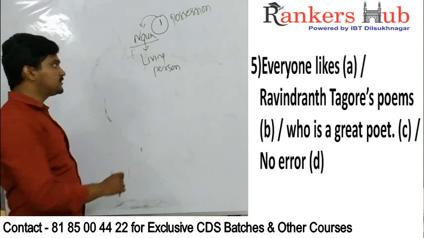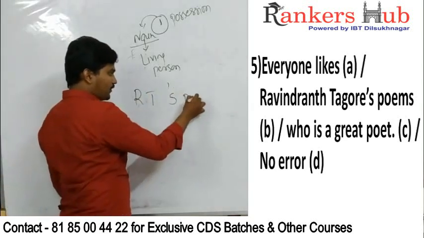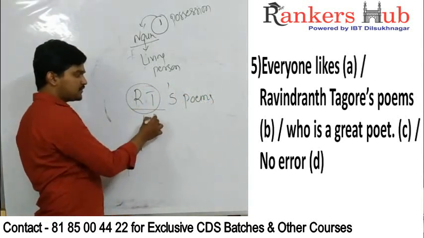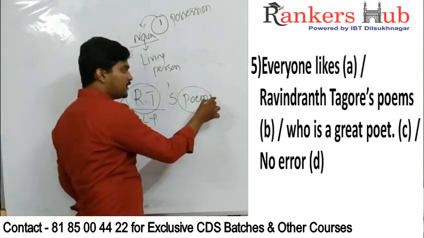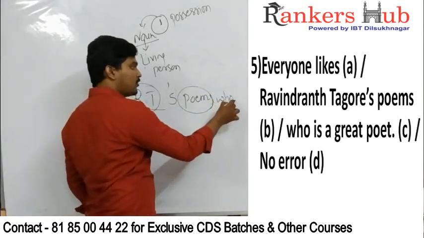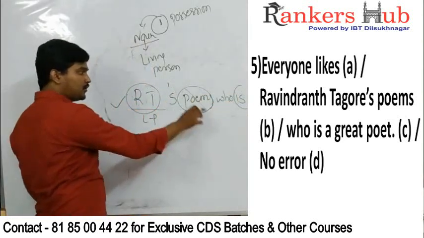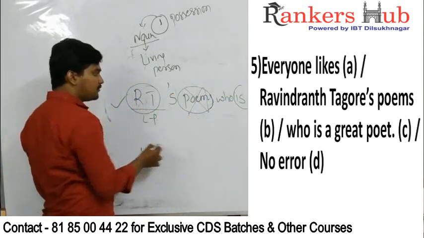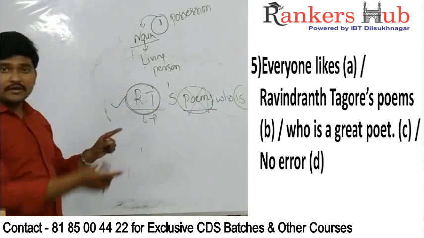But the problem is when you say Rabindranath Tagore's poems, there is a noun called Rabindranath Tagore, which is a name of a living person, which is 100% right. Even though it is right, I don't want a word called poems because there is a relative pronoun and there is a description of a person here. Now I don't want that because poems is not at all described there. The person Rabindranath Tagore is described there. That's why I want this noun in place of poems. How can I relocate this?